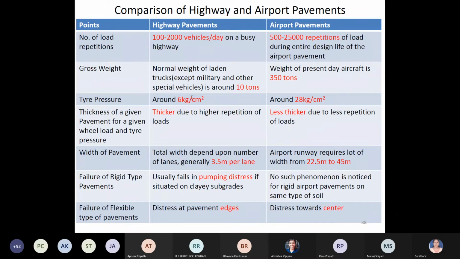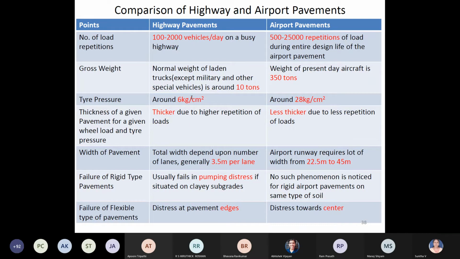Usually for flexible pavement design you consider 0.56 MPa, about 6 kilogram per centimeter square. But for airport pavement the tire pressure is high, around 28 kilogram per centimeter square. So your design is different.